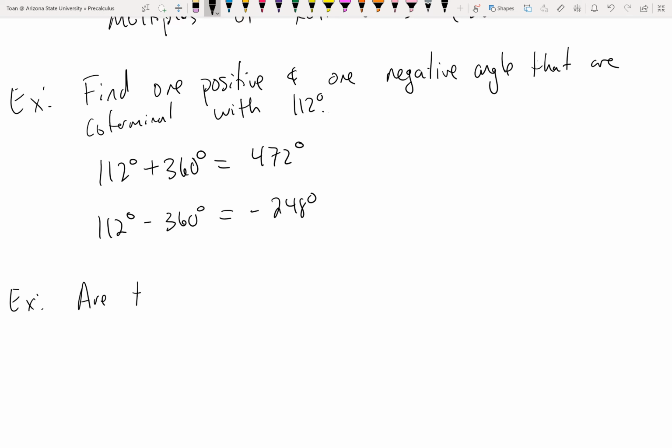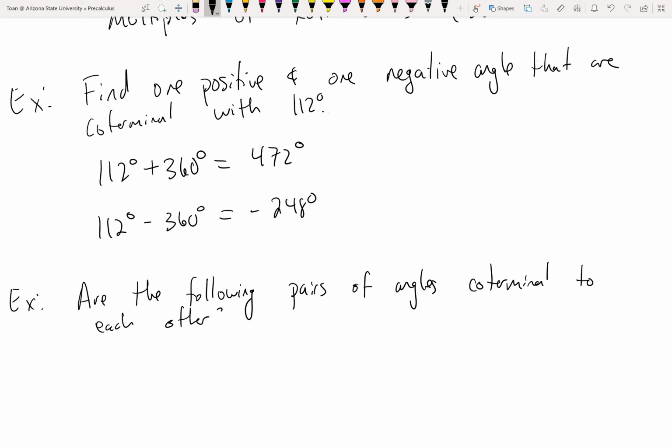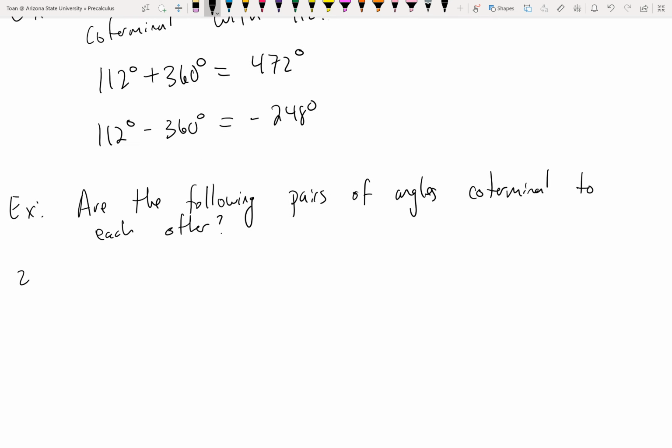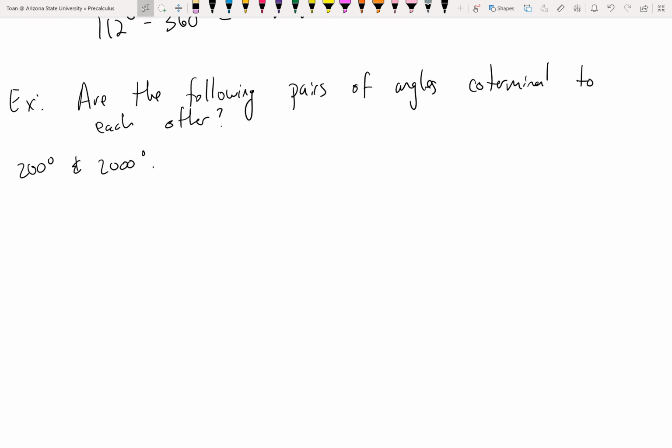For example, are the following pairs of angles coterminal with each other? And let's say I gave you 200 degrees and 2000 degrees. Well, to check this, I would have to ask myself, are 200 and 2000 separated by multiples of 360?